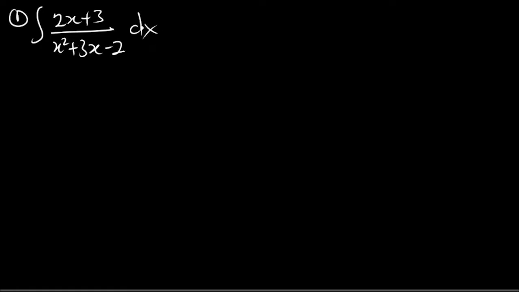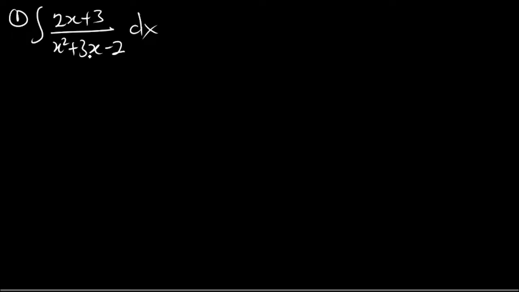So let's look at this example. Number 1, if we have the integral of 2x plus 3 on x squared plus 3x minus 2 dx, can we see that the derivative of the denominator is the numerator? Yes. But how do we solve it step by step?